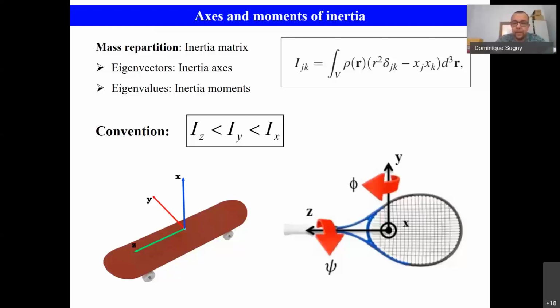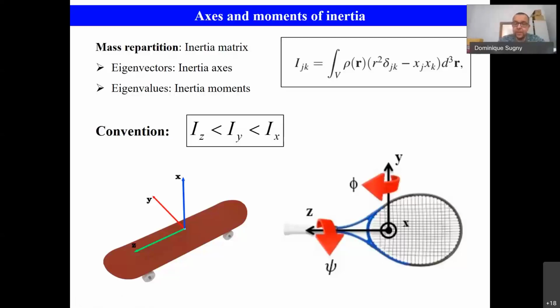We have three distinct inertia moments that we call IX, IY, and IZ, and they correspond to the different inertia axes. We will use in this talk the following convention: for an asymmetric rigid body, the three inertia moments are different from each other.